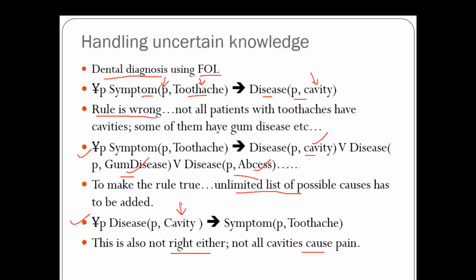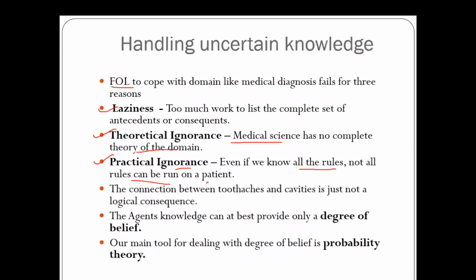Now if somebody comes with a toothache, the doctor cannot check all these 100 things and then finally tell what his problem is. We are not going to do that. So that's what this says: even if you know all the rules, you cannot run all the rules on a patient.